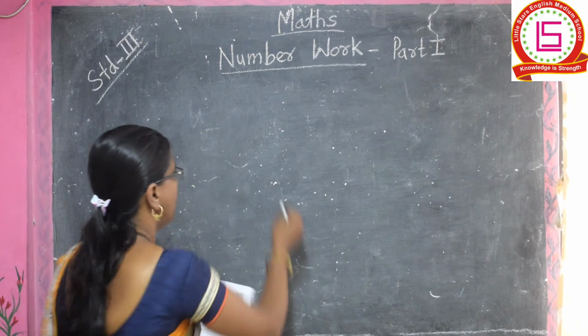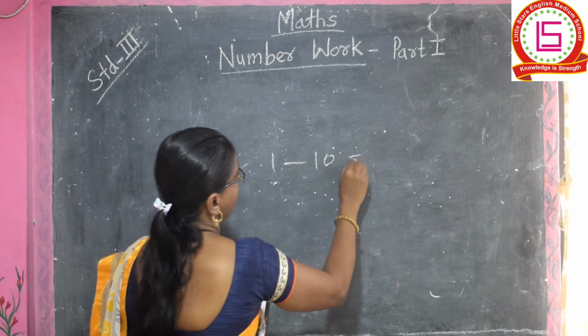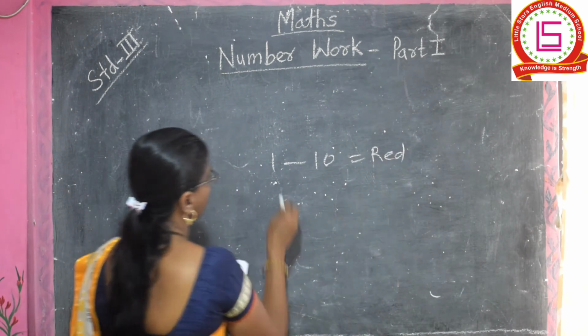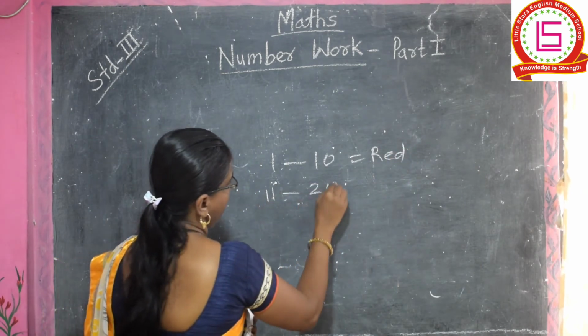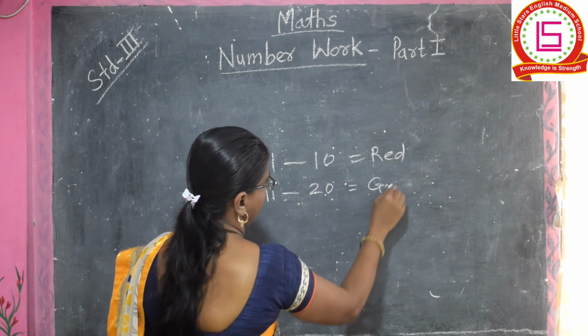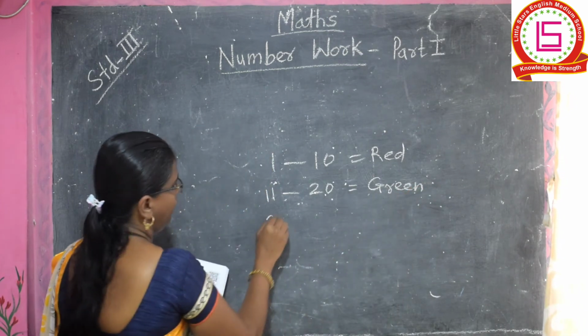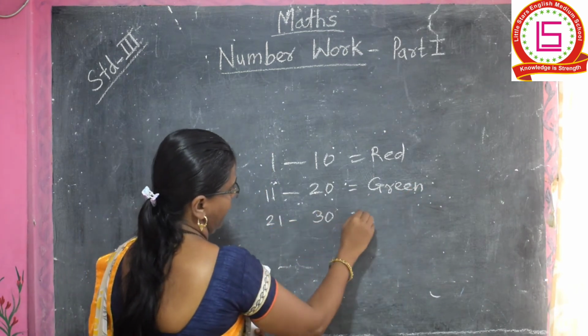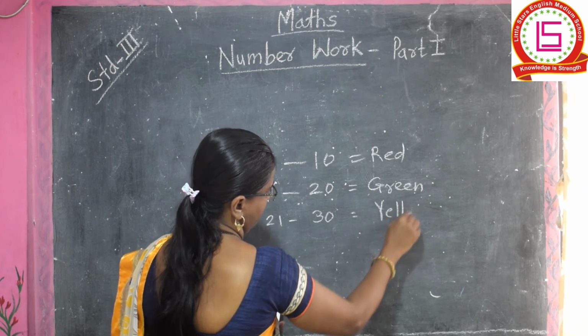See here: 1 to 10 red in color, 11 to 20 green color, then 21 to 30 yellow color.